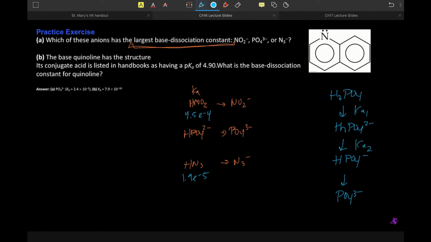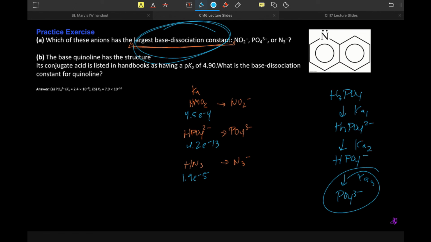This would be Ka1, Ka2, Ka3. So we are looking for Ka3, which happens to be 4.2 E negative 13. So if I'm looking for the largest Kb, it's going to be the one with the smallest Ka, which means that one. All right, good, does that make sense?